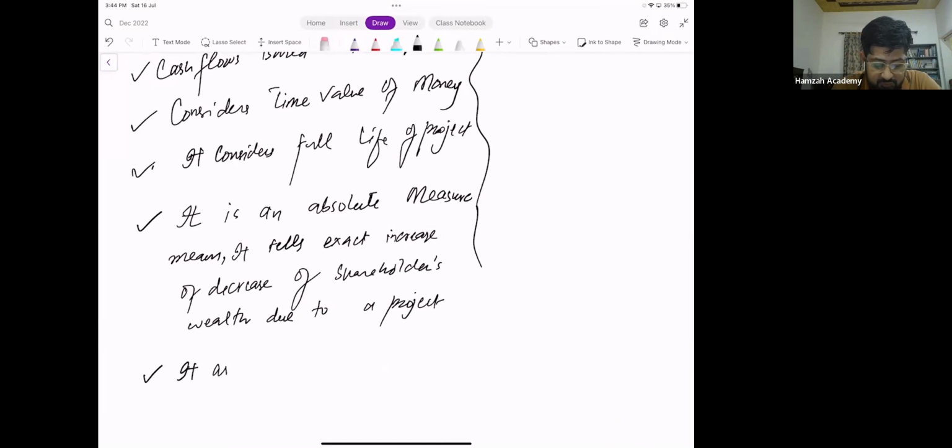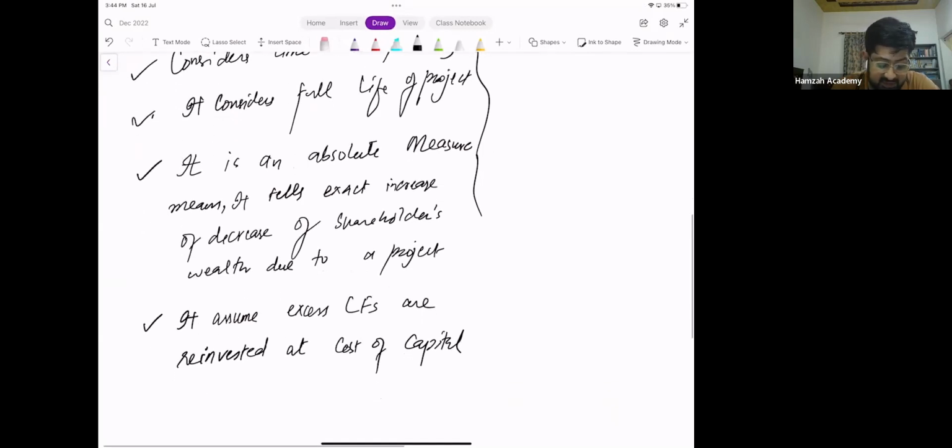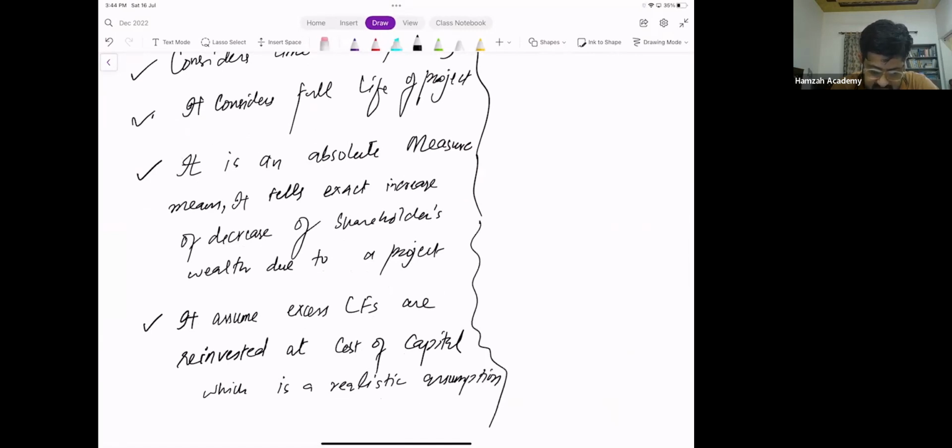Next, it assumes excess cash flows are reinvested at cost of capital, which is a realistic assumption. There is cash flow every year.